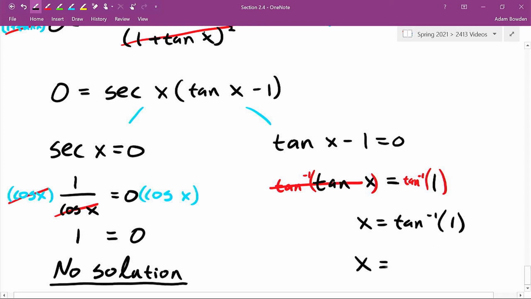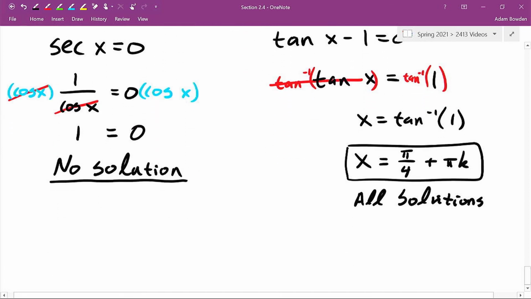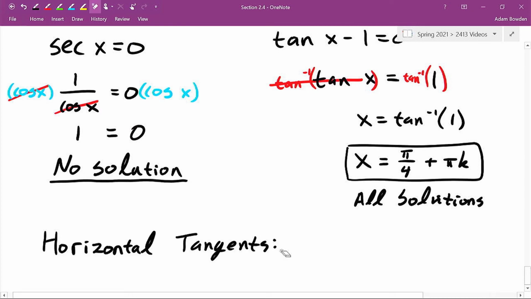Tangent inverse of 1 in radian form is pi over 4. But with all solutions, that would be plus pi k. So this function, being that it's periodic, is going to have horizontal tangent lines at x equals pi over 4 plus pi k.